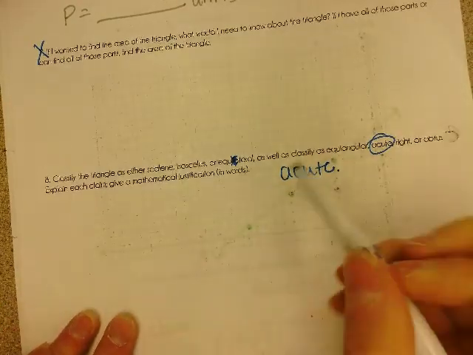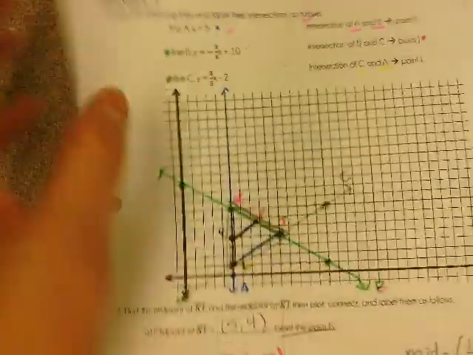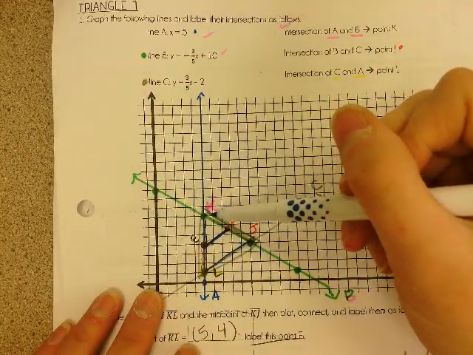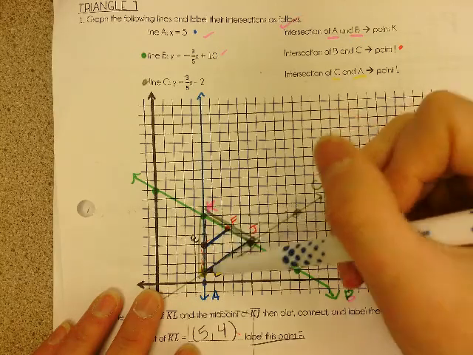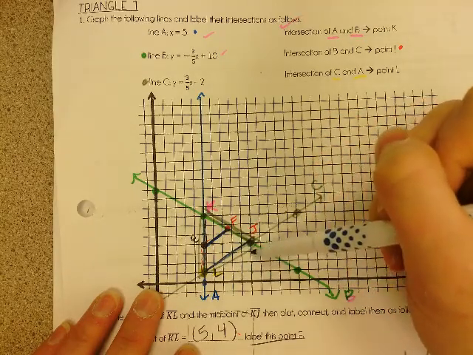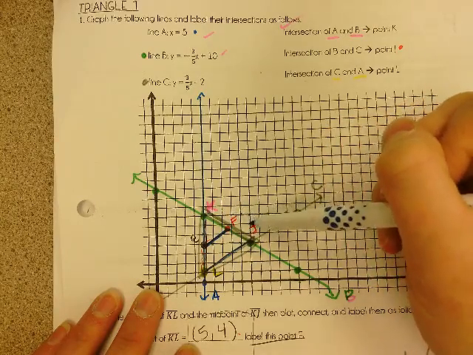Okay, so you need the sides before that. If I did, it can't be. So let's see: 1, 2, 3, 4, 5. 1, 2, 3. 1, 2, 3.